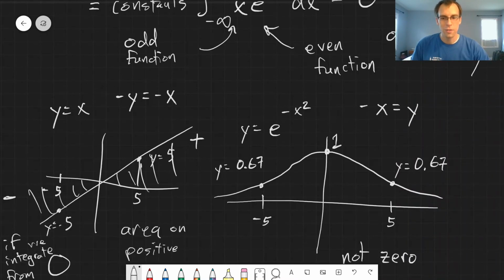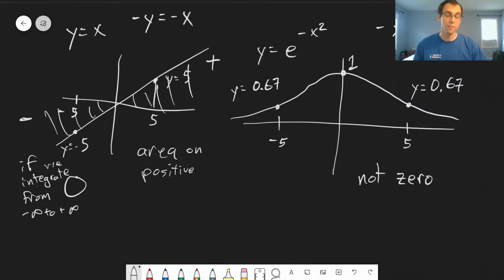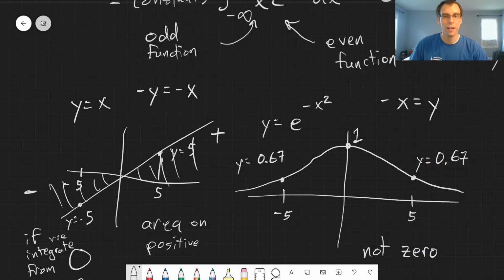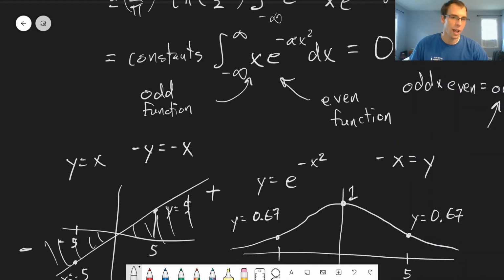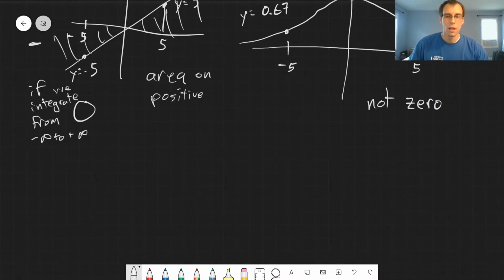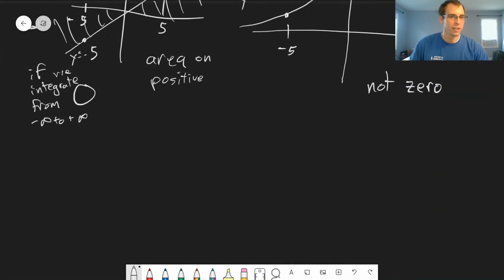If you can imagine multiplying these together, I would recommend taking a graphing calculator or Google or Wolfram Alpha and plotting x times e to the minus alpha x squared, pick some value for alpha, it doesn't really matter, and show to yourself that if you multiply these together, you get an odd function and the integral will equal 0. So this ends up being a really useful technique that lets us solve some integrals really quickly by symmetry. We can't always do it that way, but that lets us figure things out.